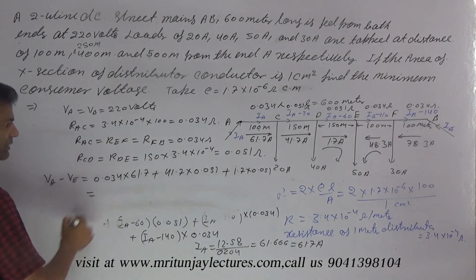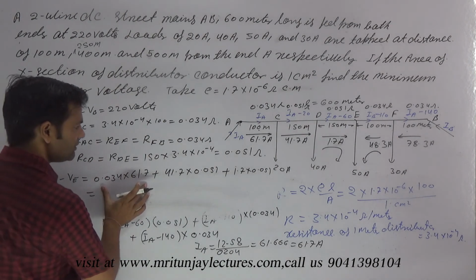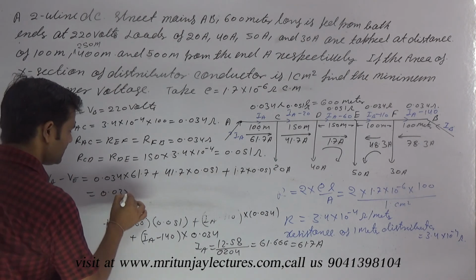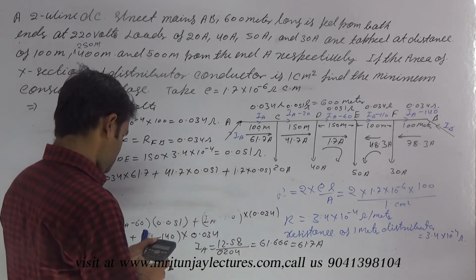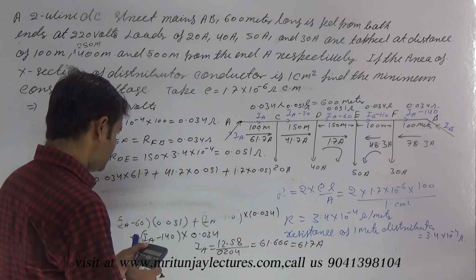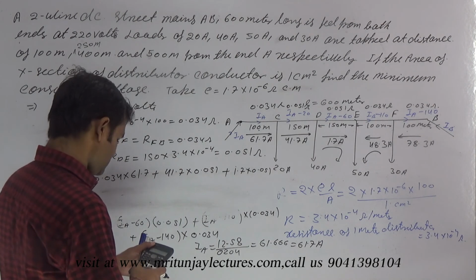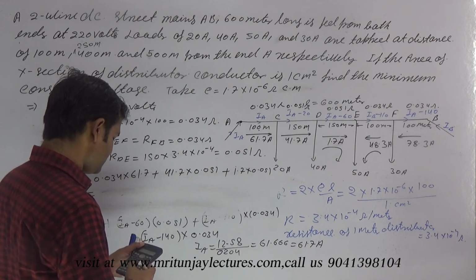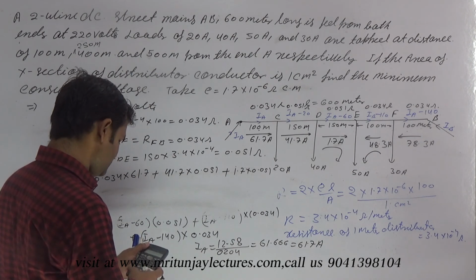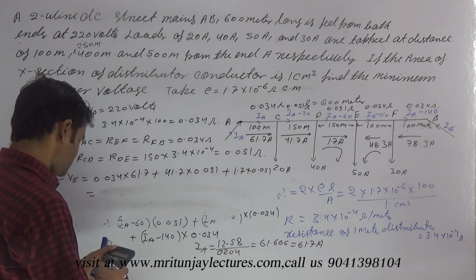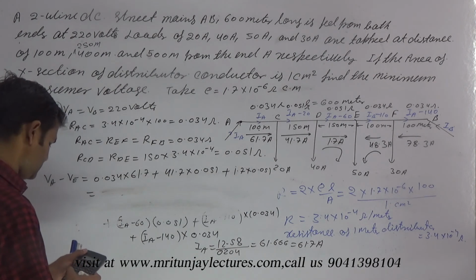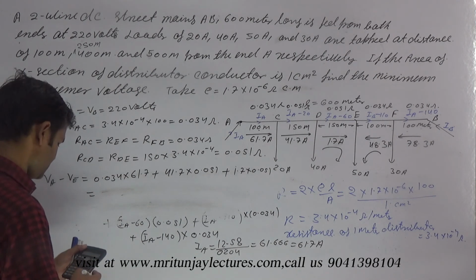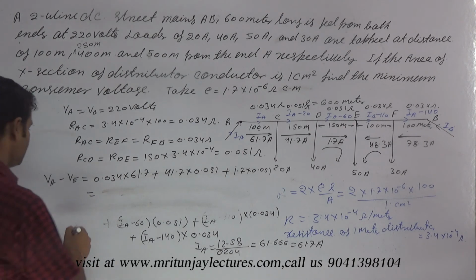So you can combine this one and this one. Finally we get 41.7 plus 1.7, which is 43.4, multiplied by 0.051, that is 2.2, plus 0.034 into 61.7, like this one.